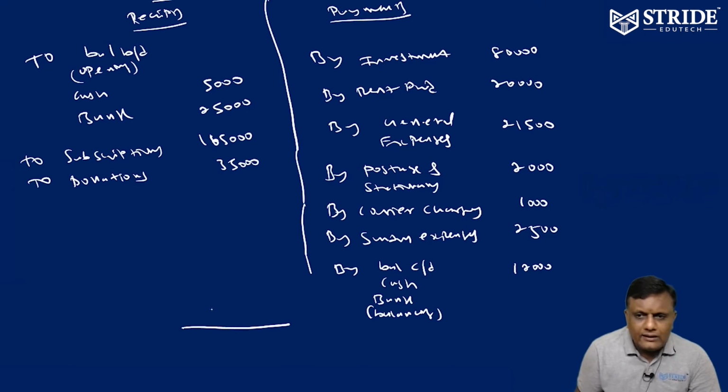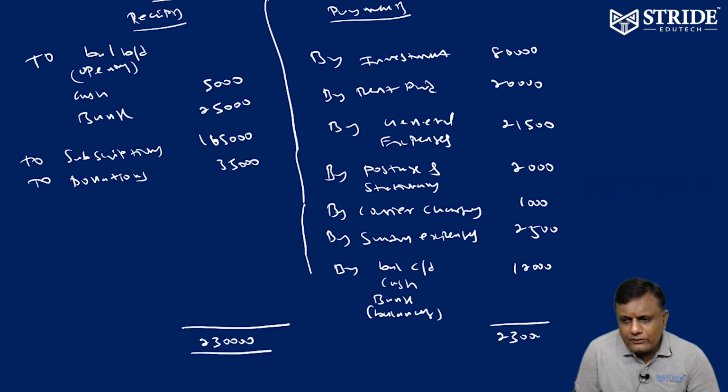Debit side total is higher. I totaled everything, and the debit side total is 2,30,000. So the same total you have to put on the credit side. The missing figure is bank. So cash at bank is supposed to be 91,000.